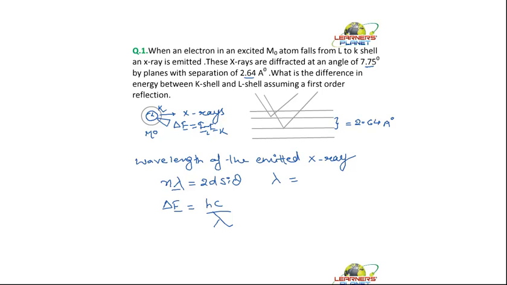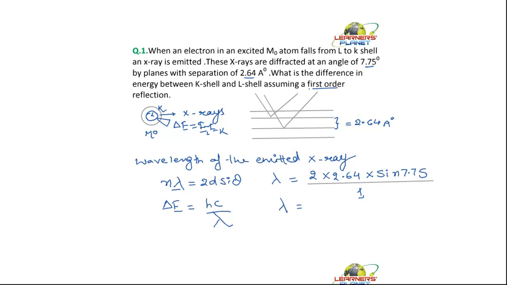Now your lambda is equal to 2 into, what is the distance between the two layers? That is 2.64 into sine 7.75, and that is divided by n. n is what? It is the first order reflection. So n is equal to 1.